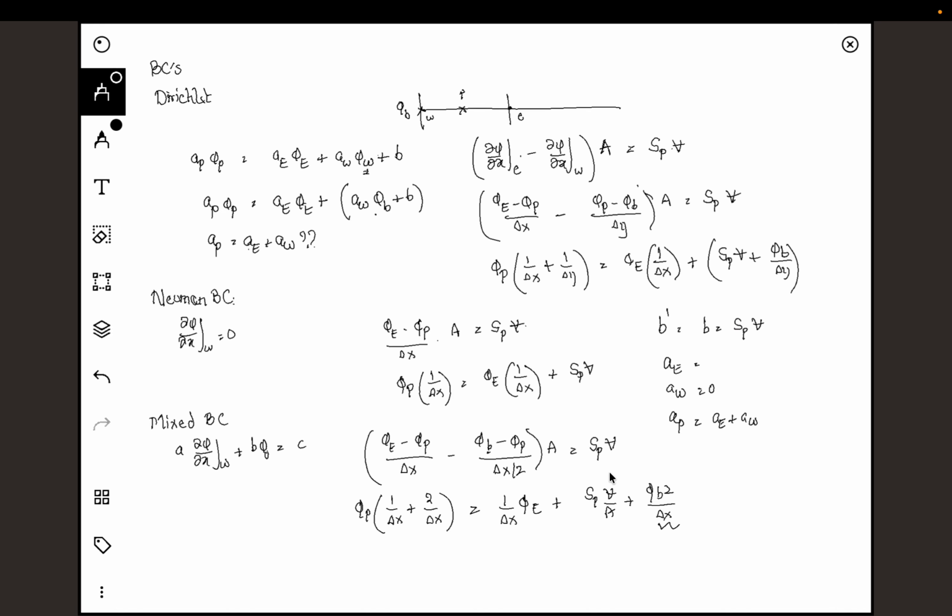So this constant will be the one that will be coming from my equation, where this is like the Dirichlet one. I think I have made a mistake here, so this was the mistake. You have noted it down. So I have a delta x by 2 here. So this will be the Dirichlet one equation.